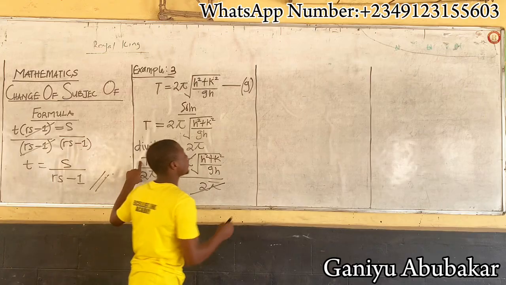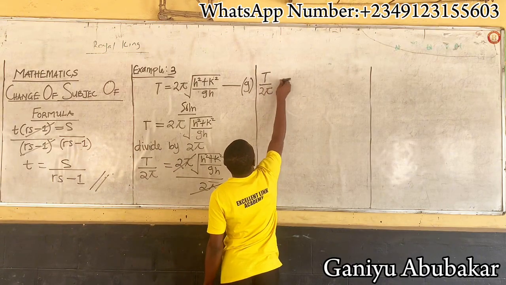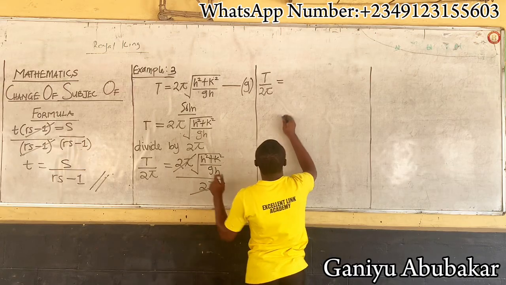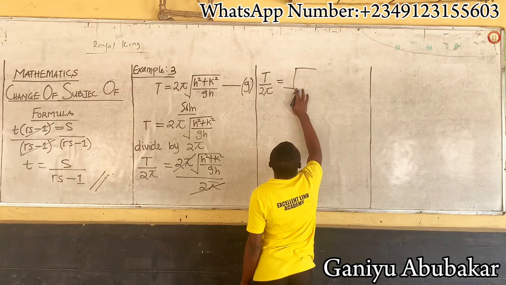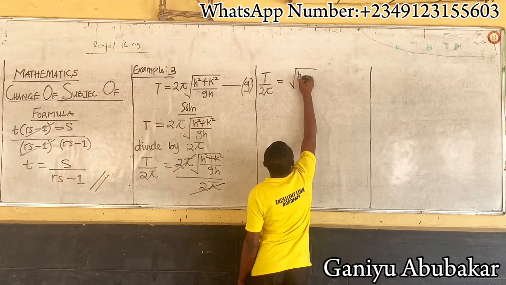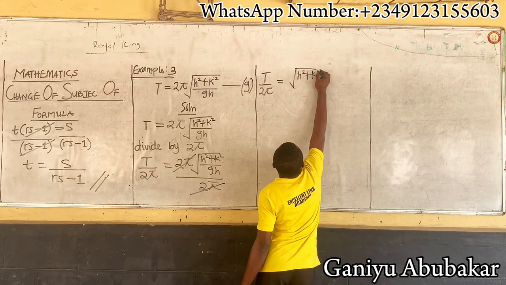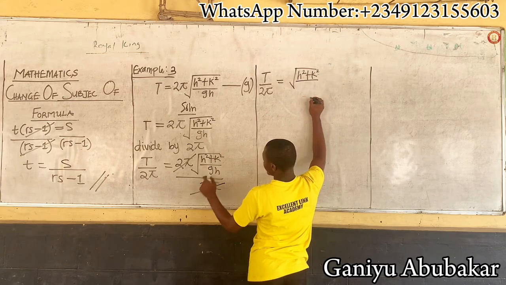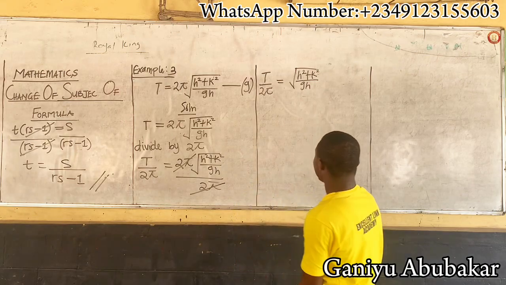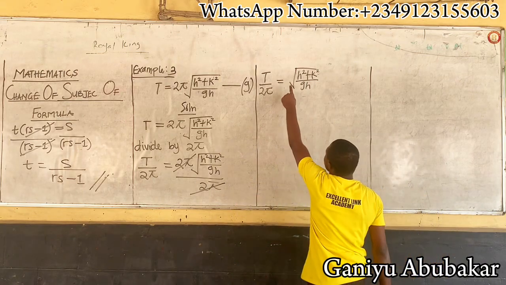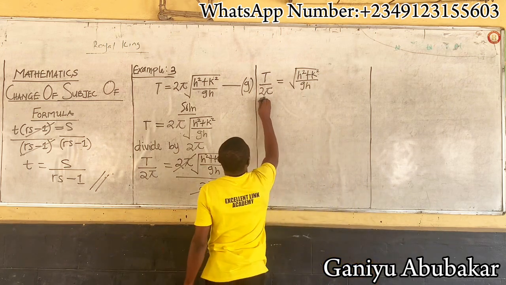So I'll have that t over 2 pi is equal to root h squared plus k squared over what there? Over gh. So I have this. My next task is that I'll try to eliminate this square root by squaring both sides.